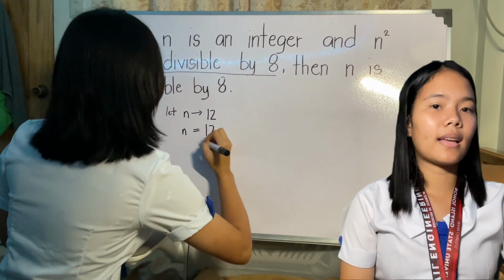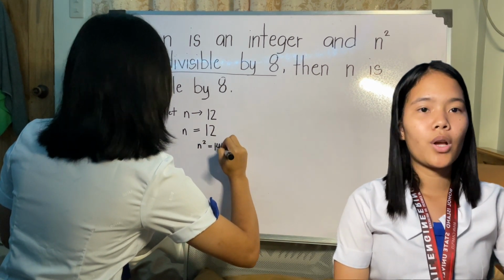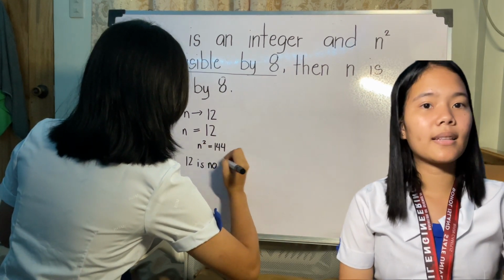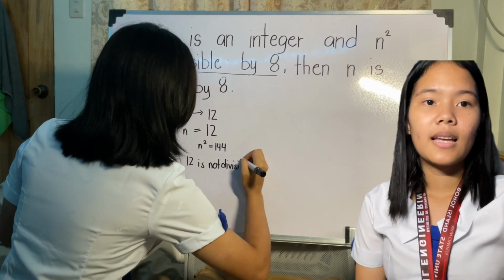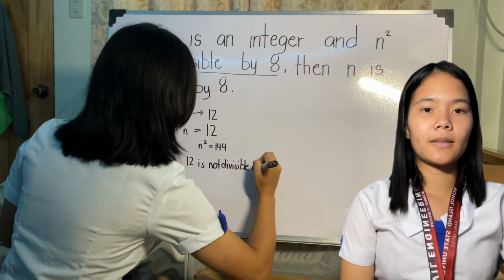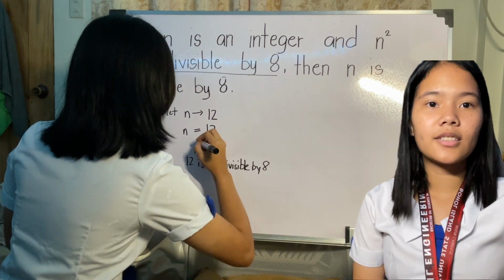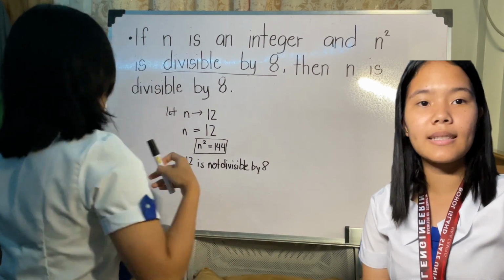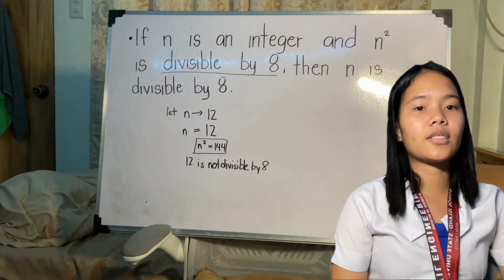So we let n equal 12, and n squared is 144, which is divisible by 8. But n is equal to 12 is not divisible by 8. So in this case, we have a counterexample: n equal to 12, and 12 is not divisible by 8.